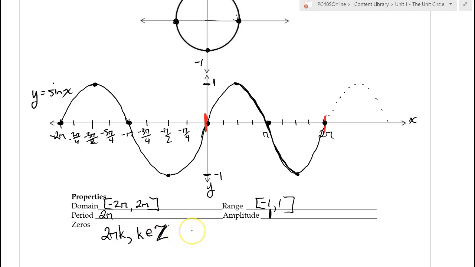I use Z. They're both acceptable, as long as you're saying that 2 pi k is your zeros, and k can be any whole number, positive or negative. Let me see that. And you know what, it's actually just pi, not 2 pi. So we've got pi, 2 pi, 3 pi, 4 pi, 5 pi in both directions.